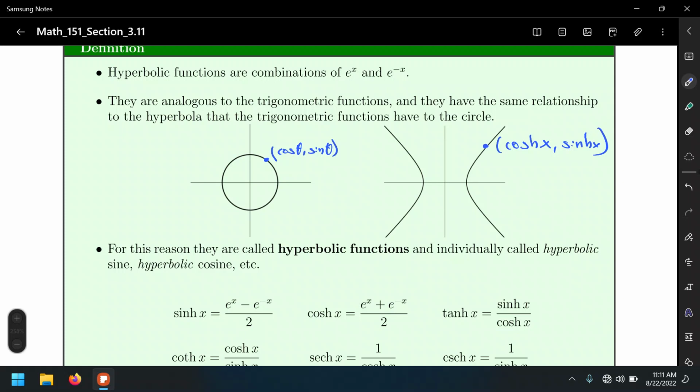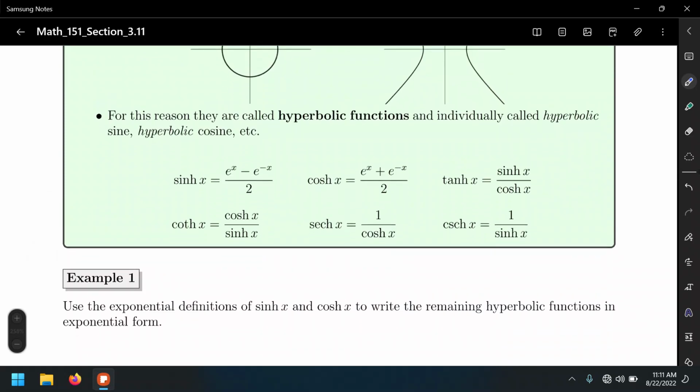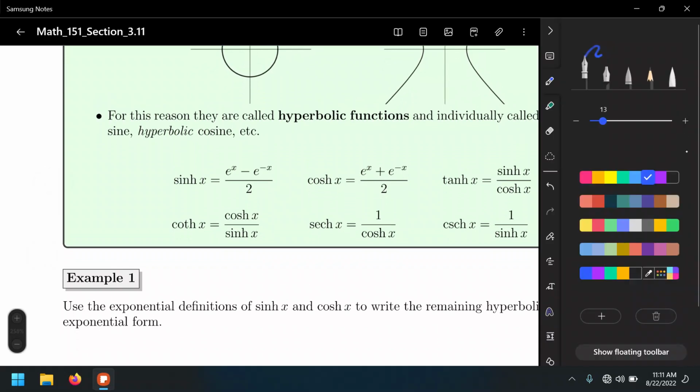So there are differences and there are similarities that are important to consider when working with these functions. All right, so as mentioned before, these functions are combinations of exponential functions.